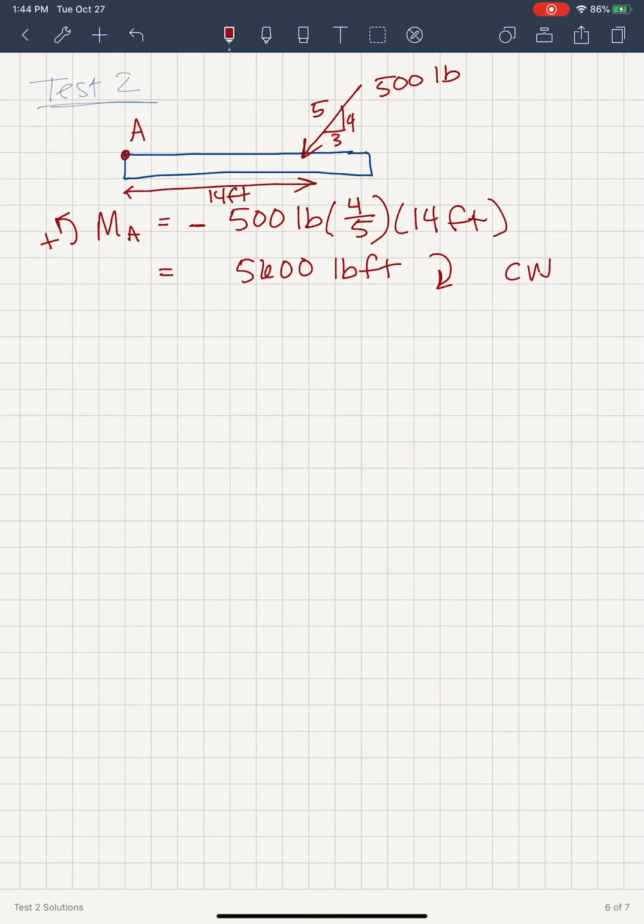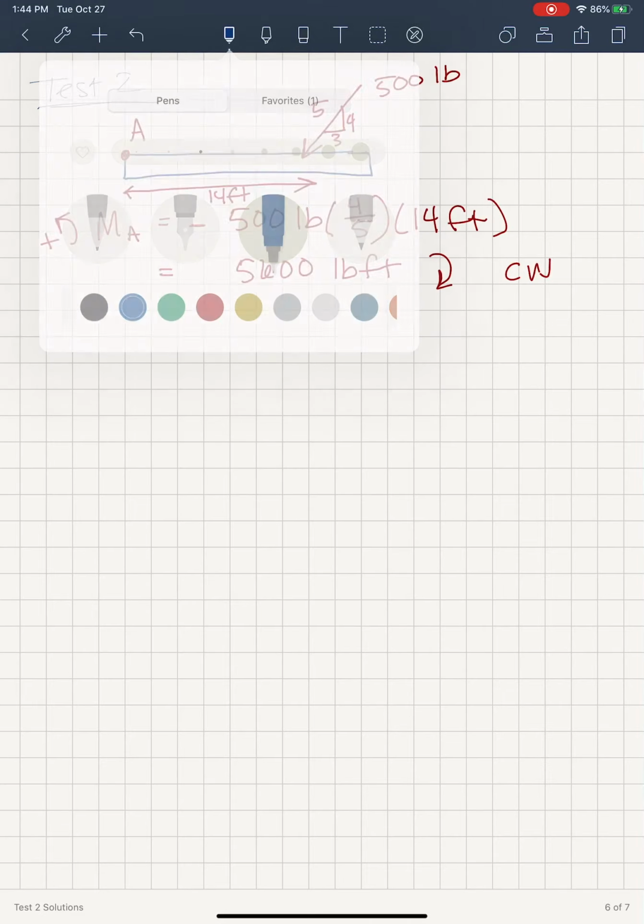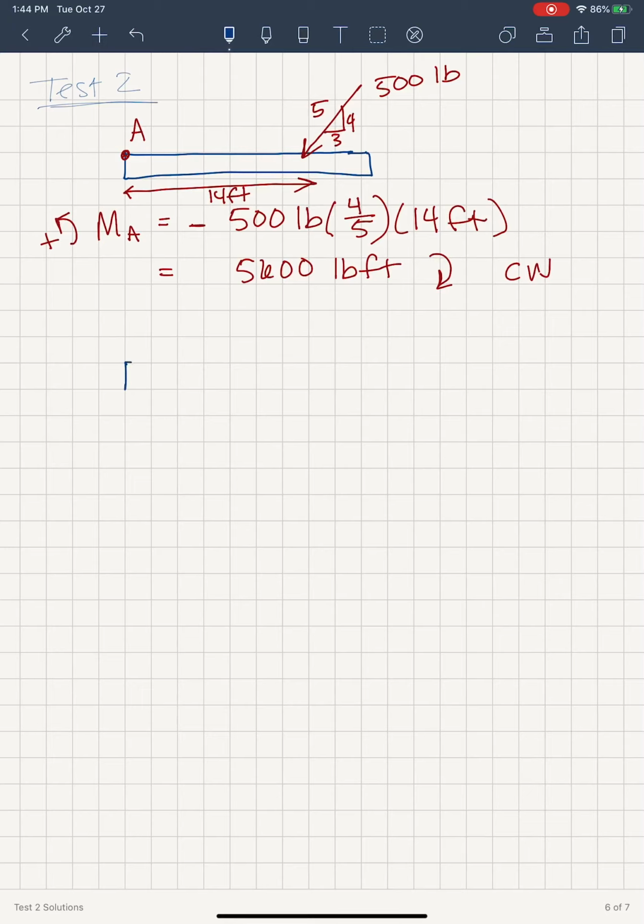For question 2, what was the moment about A due to force F3? So we have the beam. Point A is up here.